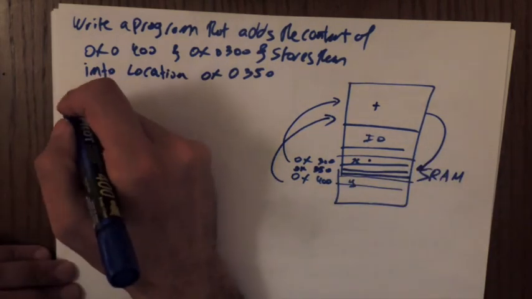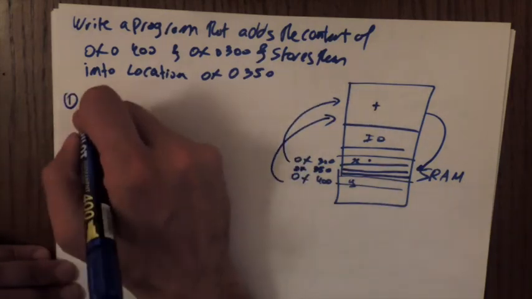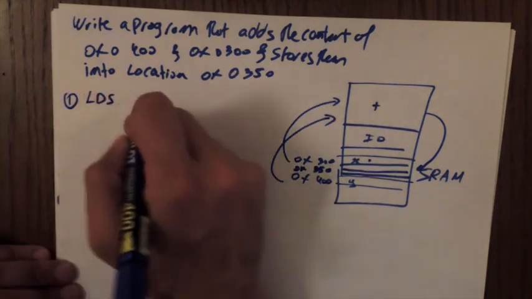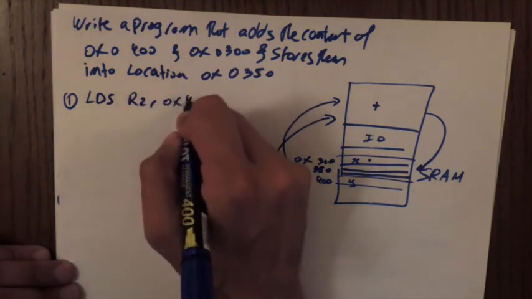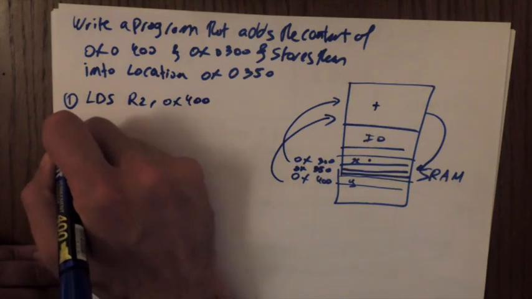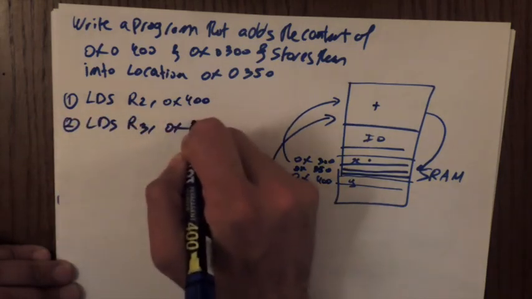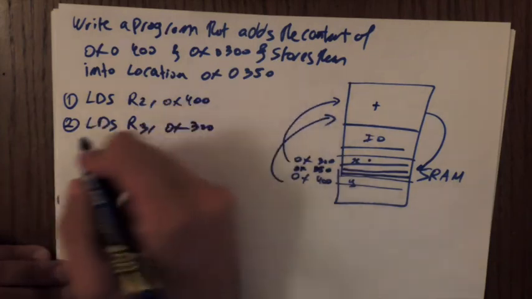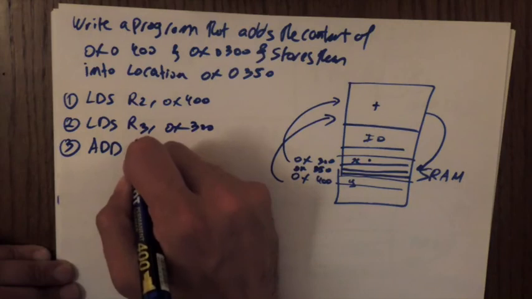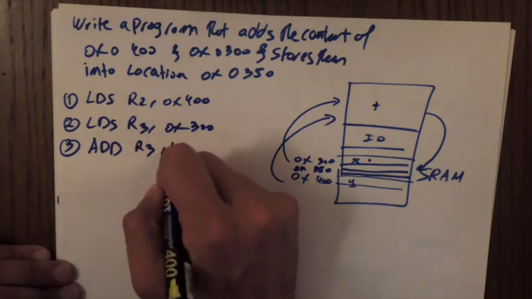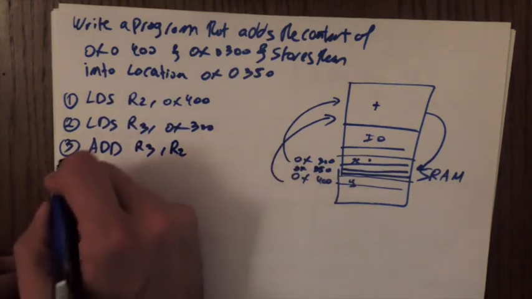So first I need to read the values. Number one, let's read the values. I do an LDS R2, 0x400, and LDS R3, 0x300. Now I can add them: ADD R3 to R2. It can be R2 to R3, it doesn't matter.